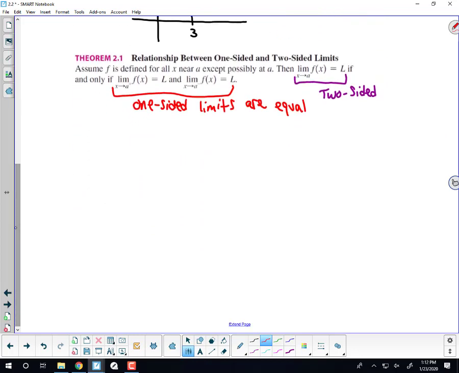Yeah. So I'll just write out basically the four things this one theorem is saying, because there's four ways to interpret it. Okay.